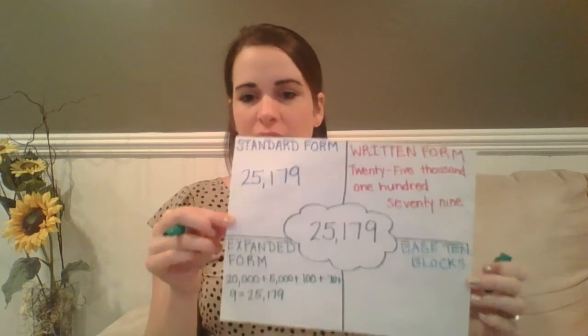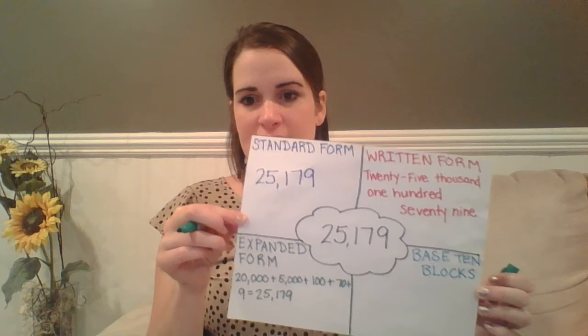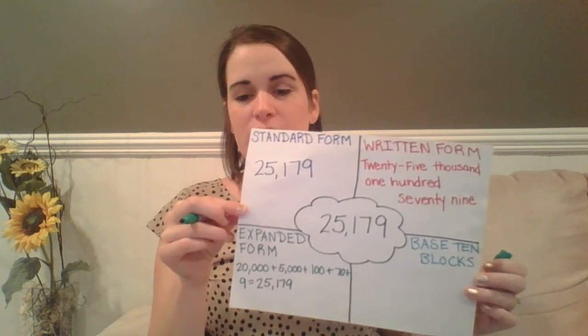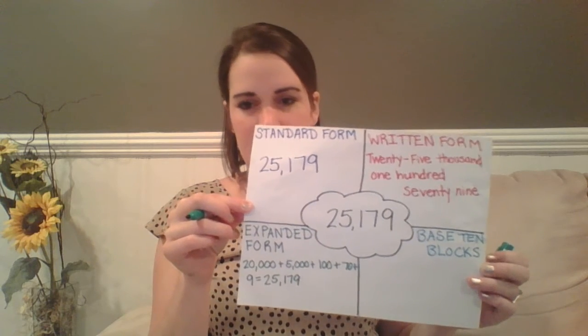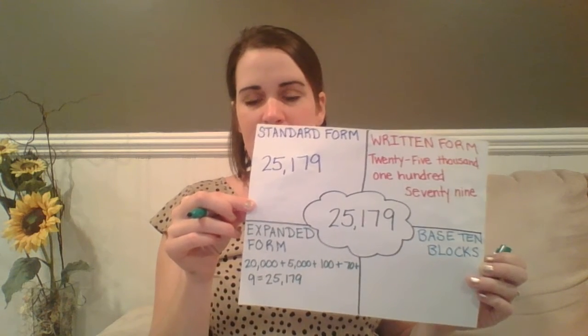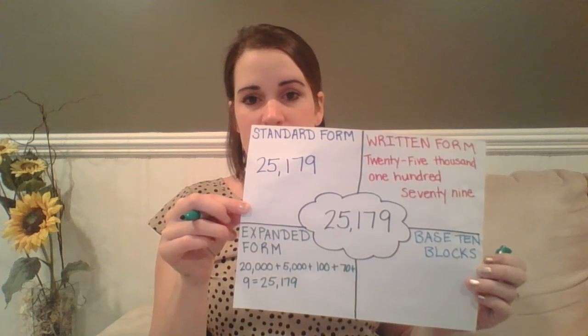Okay, the last way is base 10 blocks. I'm going to teach you what each one of these looks like and how you would use those to represent this number right here. Again, we need to think about the value of each of the numbers. You might have learned before that the thousands kind of look like a cube.